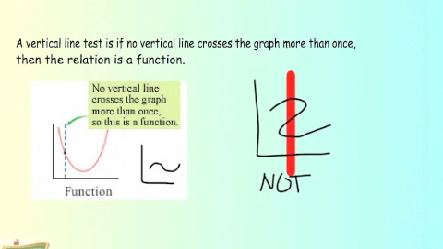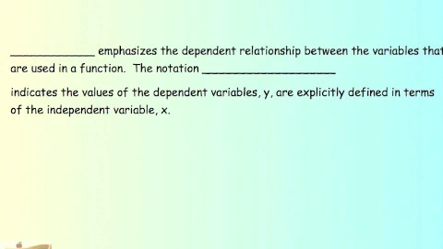Once you determine whether or not something is a function, function notation emphasizes the dependent relationship between the variables that are used in a function. The most commonly used notation that I've seen is f of x.